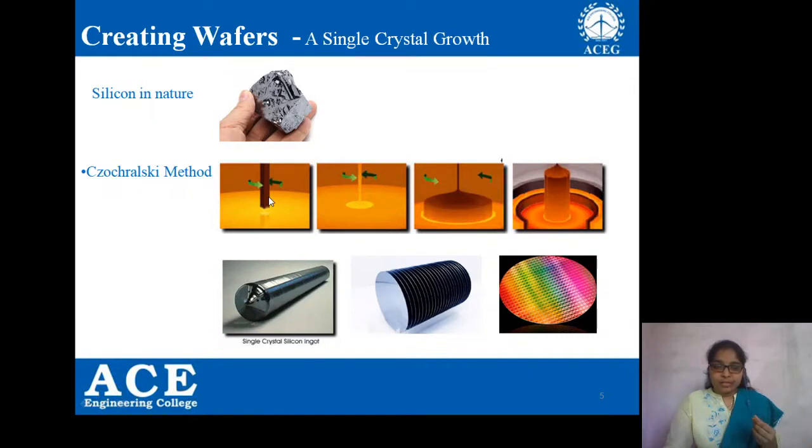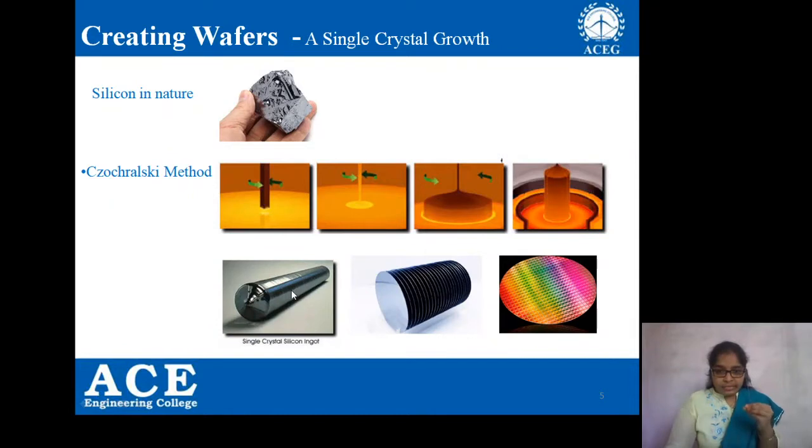This pull rod and crucible are turned in opposite directions in order to form a silicon ingot. The pull rod pulls very slowly upward, the molten silicon cools, and you get a silicon ingot structure like this as shown in this figure.